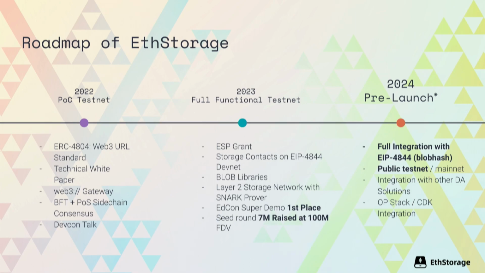The first one is that we have fully integrated with EIP-4844, and we are going to launch our public testnet shortly. We have an application for our public testnet at our booth, so feel free to come and fill in your information, and we will invite you to participate in our testnet and experiment with all these innovations.